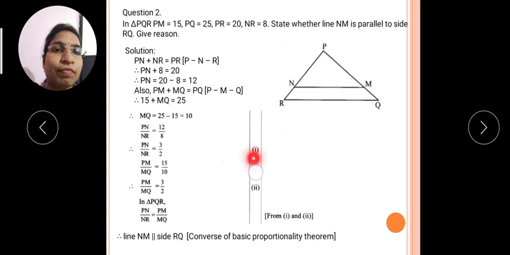This is your first equation. Then PM upon MQ is 15 by 10, so it is also 3 by 2. Therefore from the first and second, by the converse of the basic proportionality theorem, if the line divides the two sides in equal proportion, it is parallel to the third side, and therefore NM is parallel to RQ.